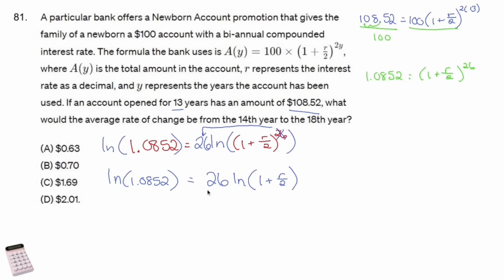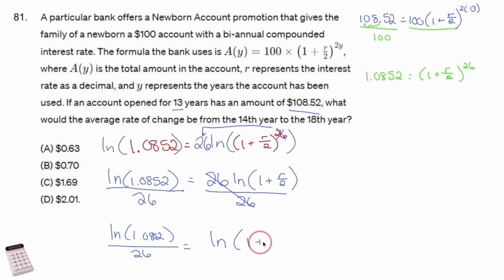Now what I can do is I can divide both sides by 26. Cross you out. That leaves me with, and this is awful, ln of 1.0852 divided by 26 equals ln of 1 plus r over 2. Let's run to our calculator and find out what ln of 1.0852 divided by 26 is real quick.